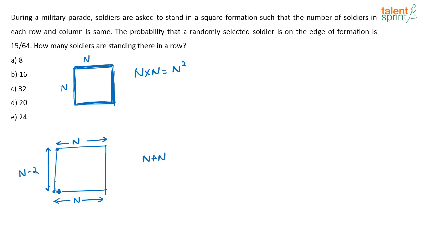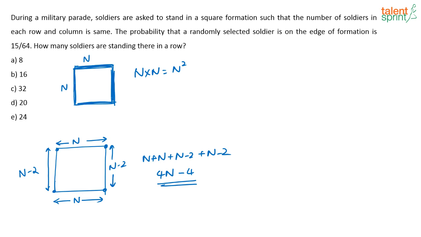I am just removing these two guys because I have already added them with this n and this n. Similarly, n minus 2 people are there on this side because I have already added the person here and the person here. So, totally how many people are there in the edges? N plus n minus 2 plus n minus 2, or I can say 4n minus 4 people are there in all the four edges put together.